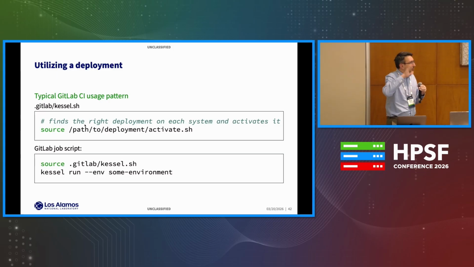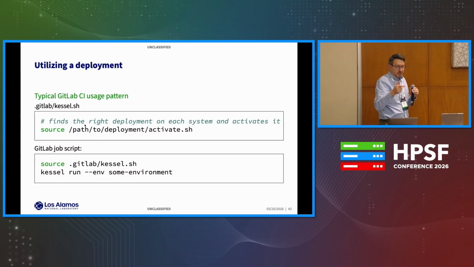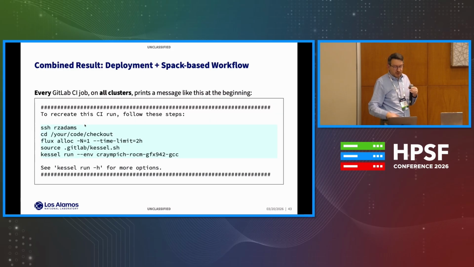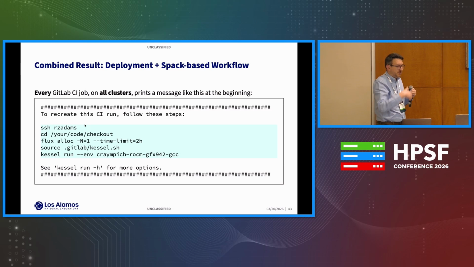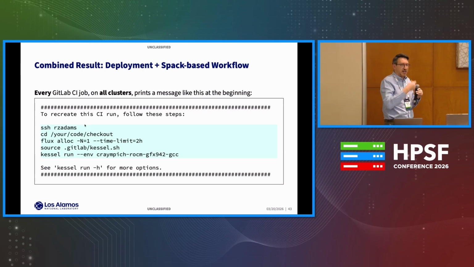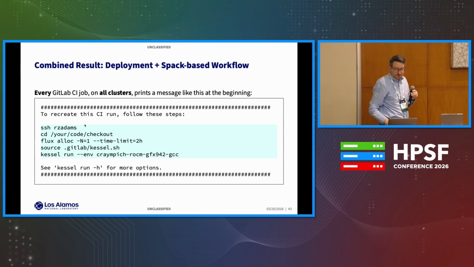OK, so the way you then utilize it, you activate this deployment using this hidden activation script, and all you then do is run a Kessel workflow, a different one, on top of it, and select one of those SPAC environments. And so in the end, I end up with the same situation as before with my previous talk last year, but now it's a Kessel run instead of sourcing a shell script.